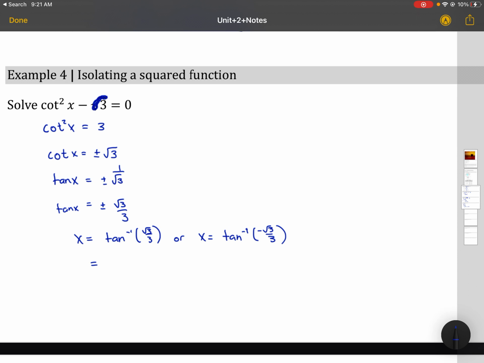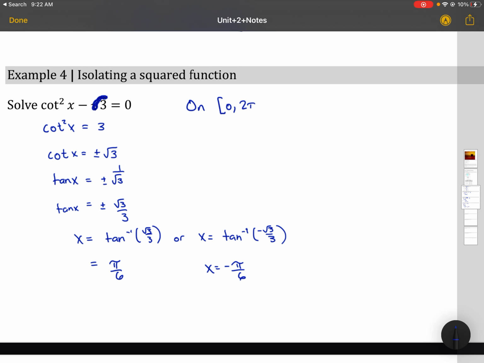So in either case, we should know that positive square root 3 over 3 is going to give us pi divided by 6, and tangent inverse of negative square root 3 divided by 3 is going to mean x equals negative pi over 6. Again, if we put these in intervals from 0 to pi over 2, we're going to get all of the multiples of pi over 6 in the range from 0 to 2 pi.